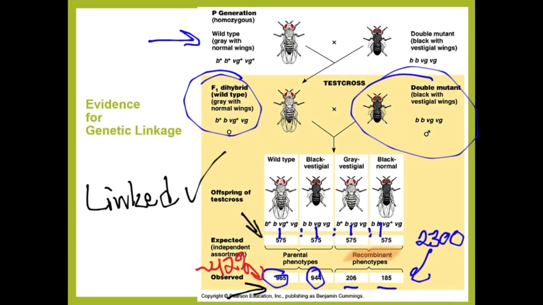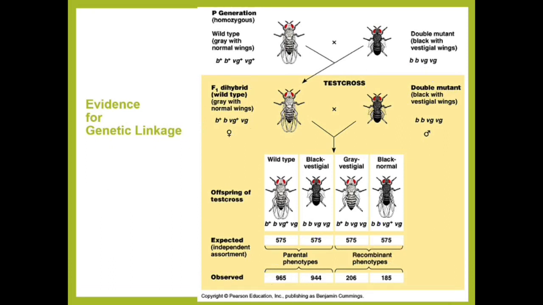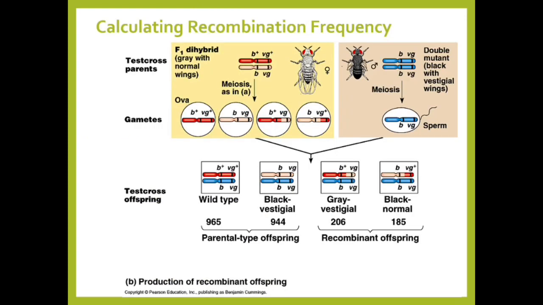Once we've established if they're linked, we need to determine the recombination frequency, how closely linked they are. Basically, we add up the recombinant offspring. If I add those together, it's 391, something like that.